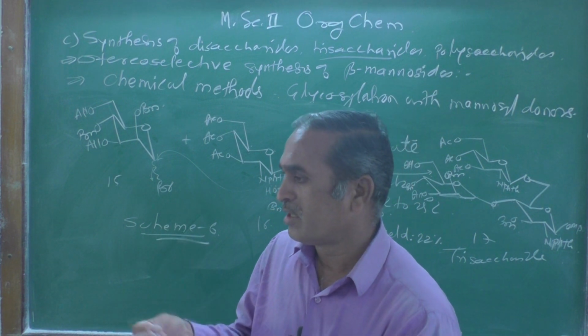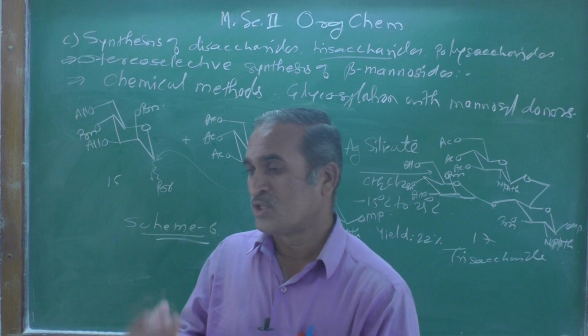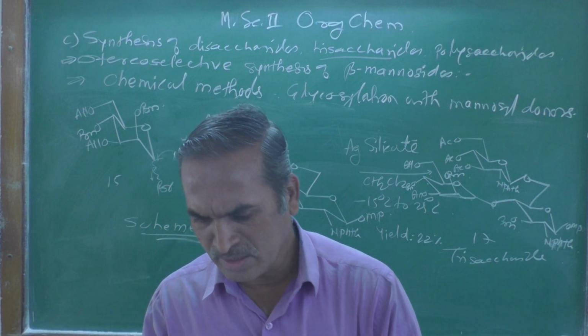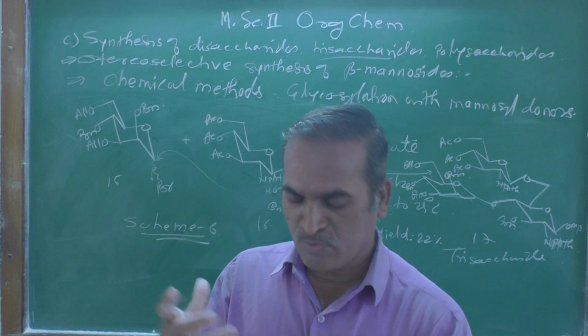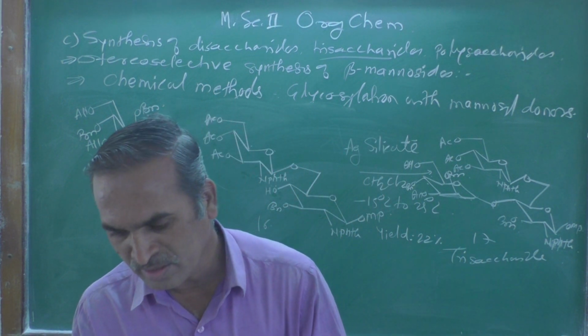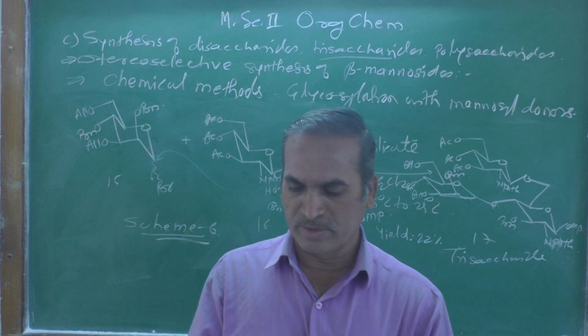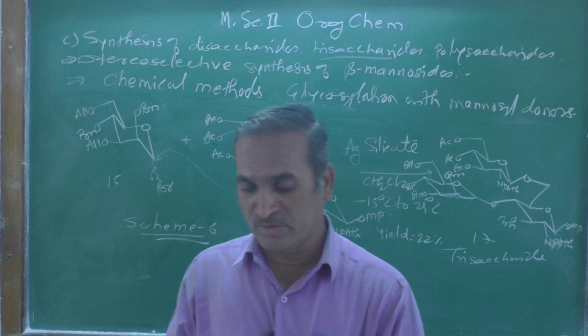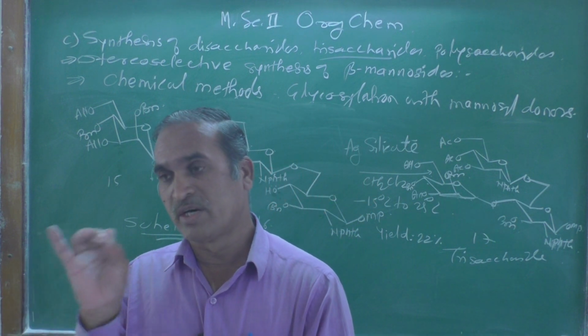What he did, he used zeolite as a catalyst, and it is also a powerful promoter and has been reported to afford increased yield and beta selectivity over silver silicate.